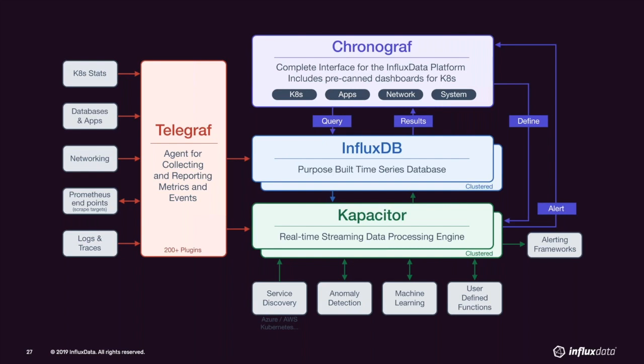You have access to all of that data. And then all of the data gets passed in through Chronograf, where it can be visualized or queried. Chronograf has some built-in pre-canned dashboards for things like Kubernetes, networking, and monitoring your system that are just ready to go. So you can start ingesting data and getting real information out of it right away.